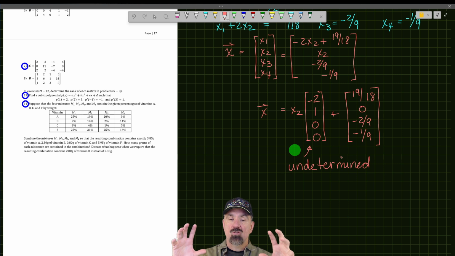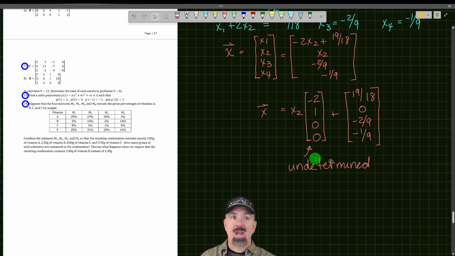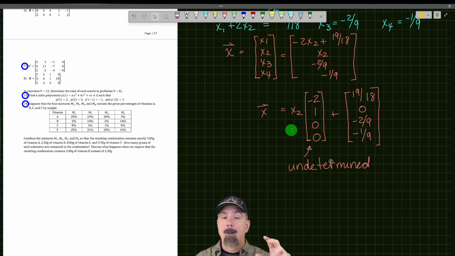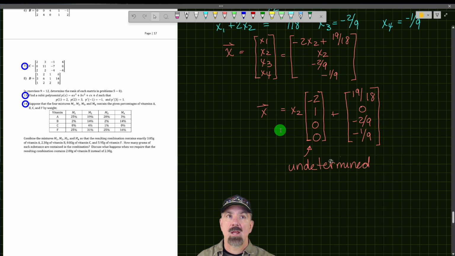But we have this set of constraints, and when we have an underdetermined system, we have free variables, and we want to optimize our objective function. So maybe that's the fastest time, maybe it's the lowest cost, maybe it's the greatest revenue, whatever it might happen to be, we have the ability to turn this knob, still solve the problem. In other words, still satisfy the constraints, but we can use this knob to make our objective function optimal. And that's how operations research is really set up and running.